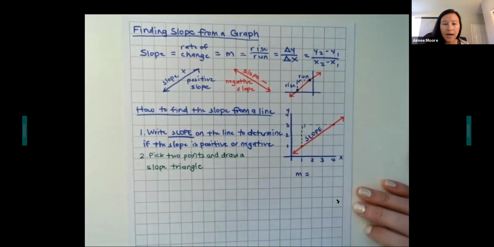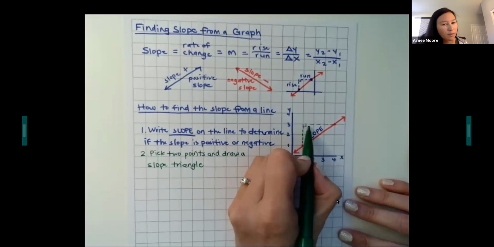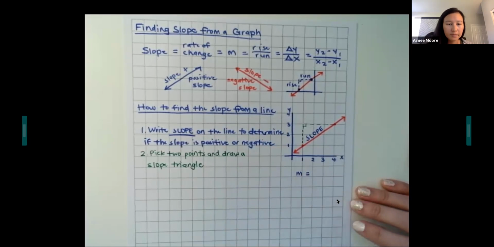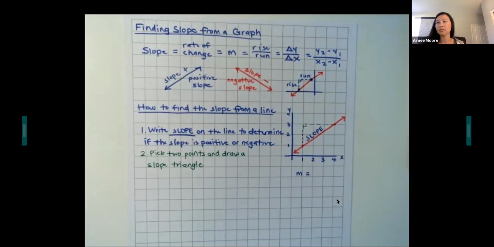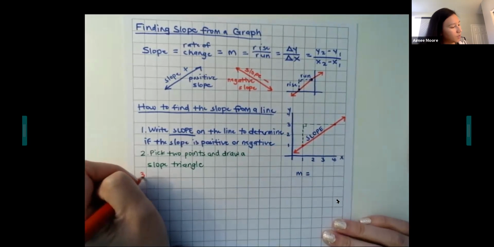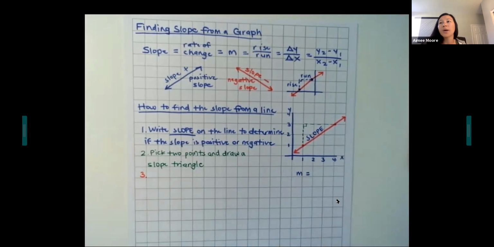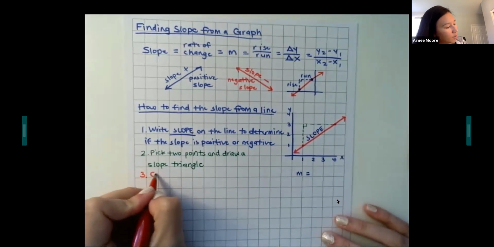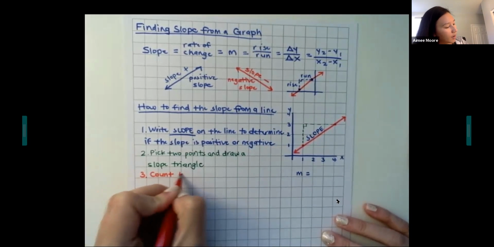So your slope triangle has to create this 90-degree right angle. Once you do that, you count the boxes to determine the rise and run.